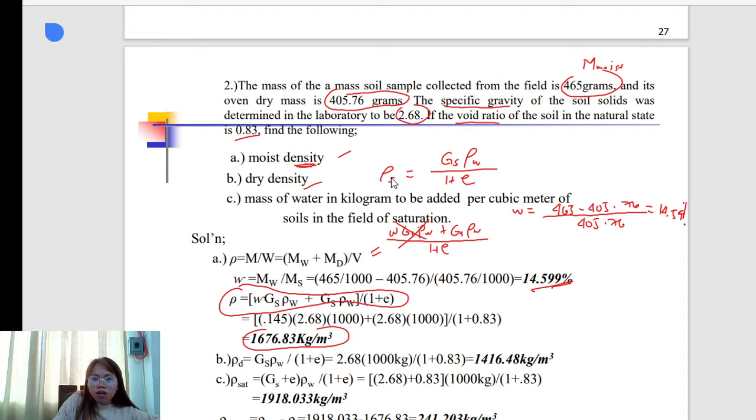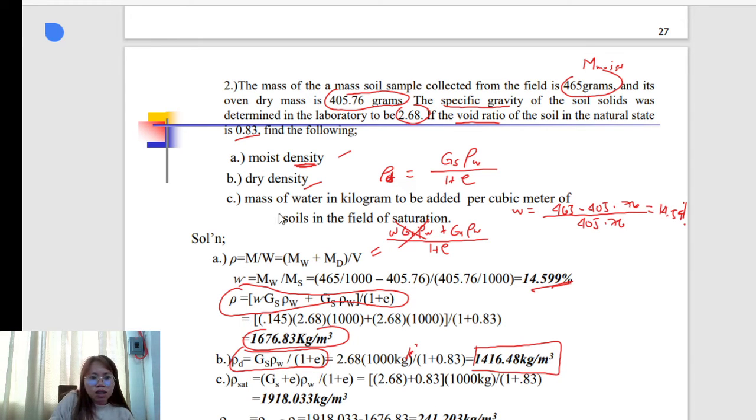If we talk about dry density, or rho sub d, that is its formula. And substitute the values: the specific gravity is equal to 2.68 times density of water 1000 kilograms per cubic meter over 1 plus void ratio 0.83. So the dry density is 1416.48 kilograms per cubic meter.